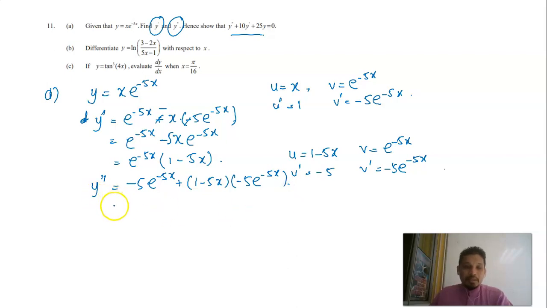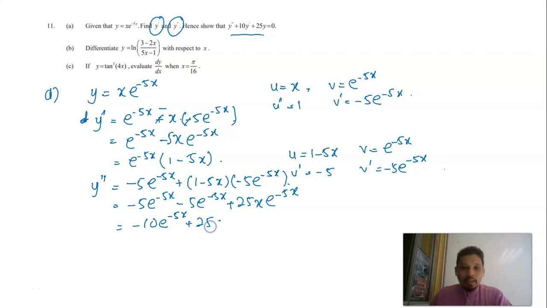Okay, so simplify this. Expand: negative 5 e to the power of negative 5x, 1 multiplied with this, minus 5 e to the power of negative 5x, and the negative becomes positive, 5 with 5, 25x e to the power of negative 5x. So now negative 5 e to the power of negative 5x minus 5 e to the power of negative 5x is negative 10 e to the power of negative 5x plus 25x e to the power of negative 5x.